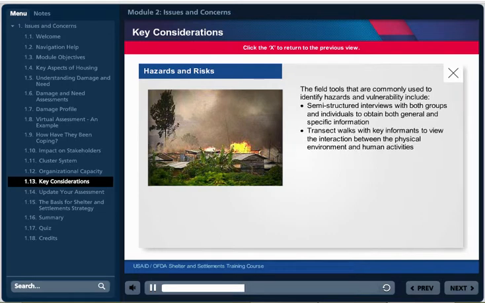Transect walks with key informants to view the interaction between the physical environment and human activities, focusing on land use and tenure, environmental changes, and physical areas vulnerable to the impacts of hazards.